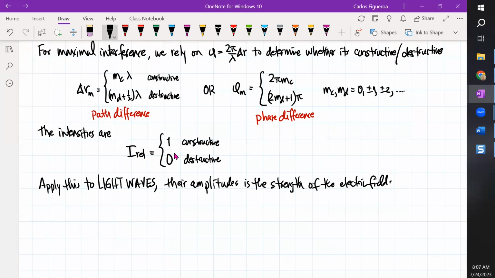So in other words, my amplitude now is going to be 2 times E naught, the strength of the electric field, cosine of 1/2 phi, which tells us that the intensity function I relative will be cosine squared of 1/2 phi.